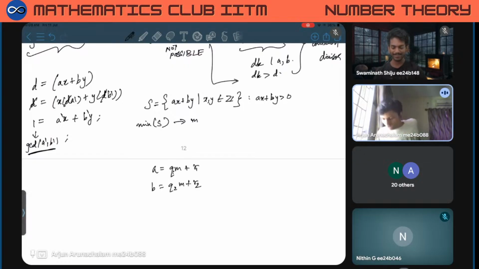And you also know that s is of the form ax plus by, so basically m is of the form ax plus by.